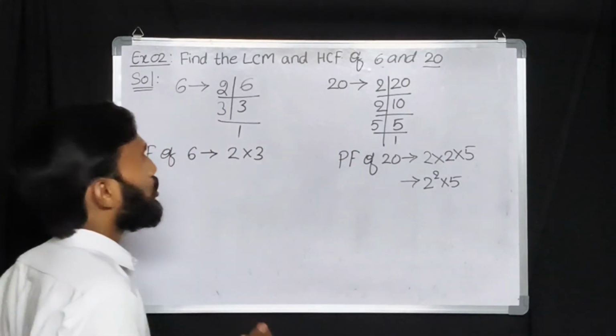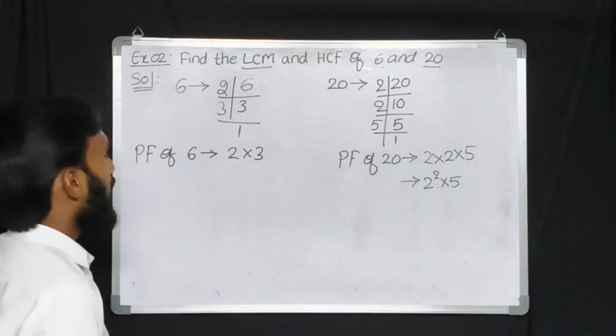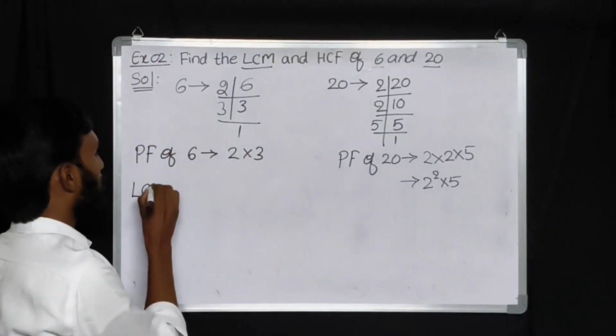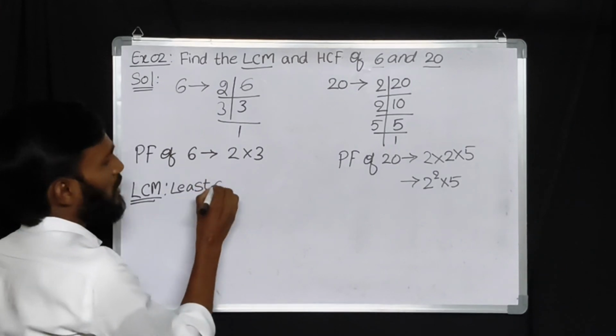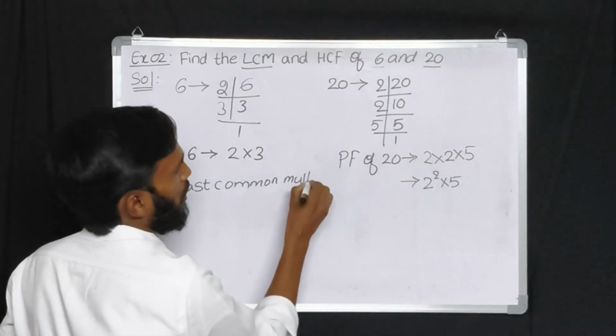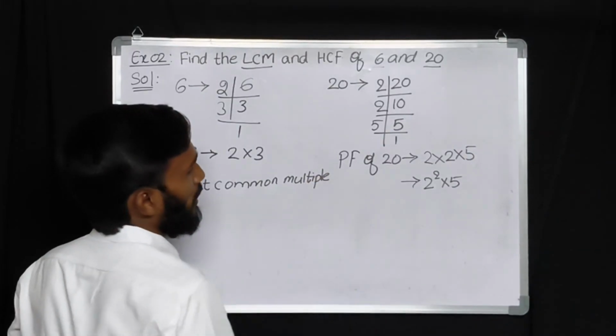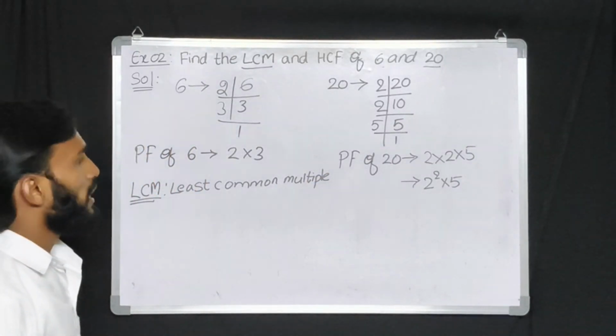Now to come to our question, we first have to find the LCM. LCM, you people know what LCM means: nothing but least common multiple. See, here is the easy trick for you.